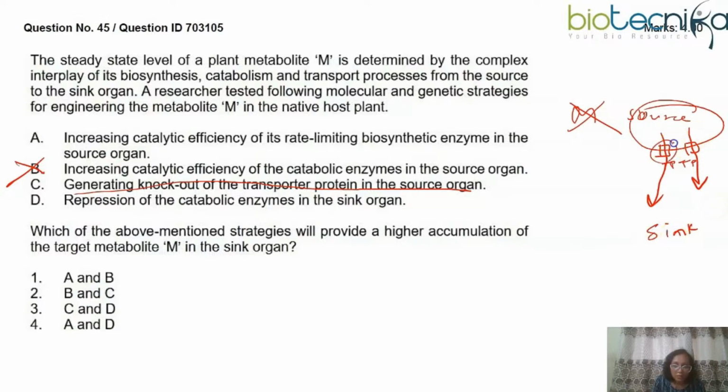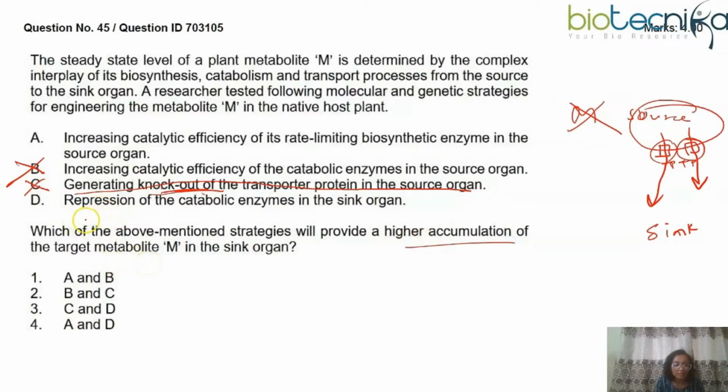If these transporter proteins which are on the source cells are knocked out, can the metabolite come out into the vascular bundle? No, right? If they cannot come out of the source, how can they go to the sink? So even the third sentence or statement C does not lead to higher accumulation of metabolite M in the sink.